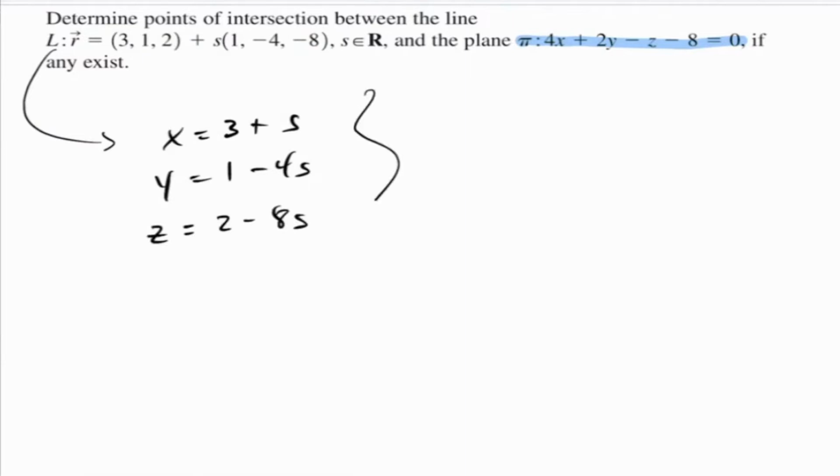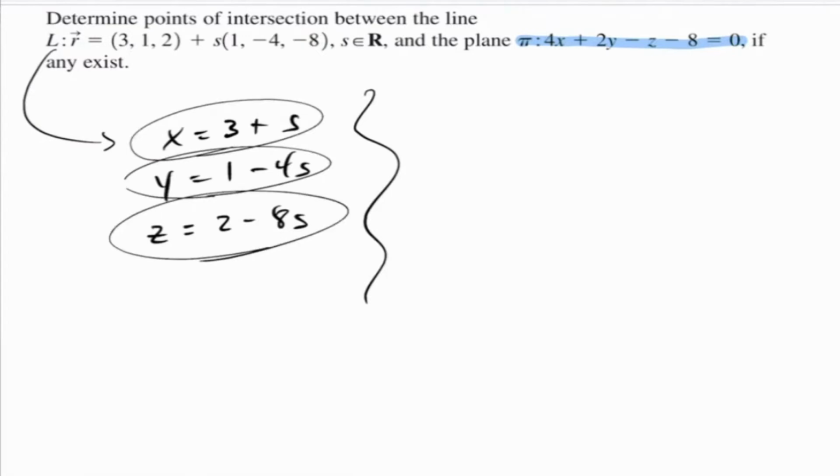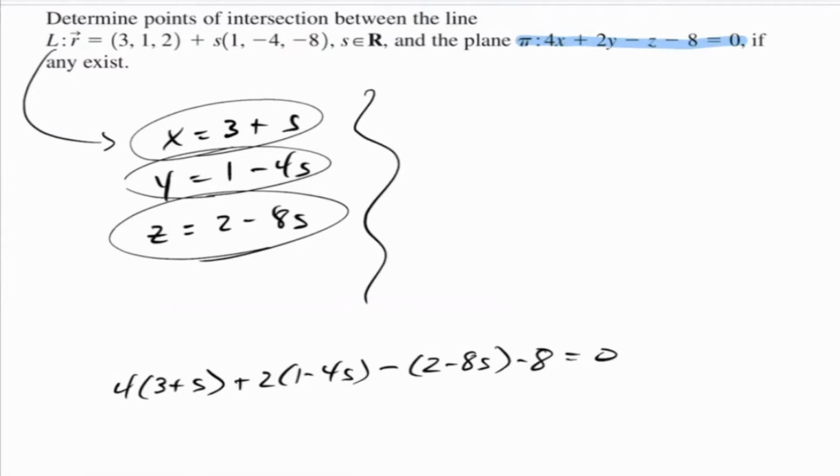Once you have it in parametric form, you sub your values in. I get rid of the x and change it to 3 plus s, get rid of the y and change it to 1 minus 4s, and minus z, I change it to 2 minus 8s, minus 8 equals 0.